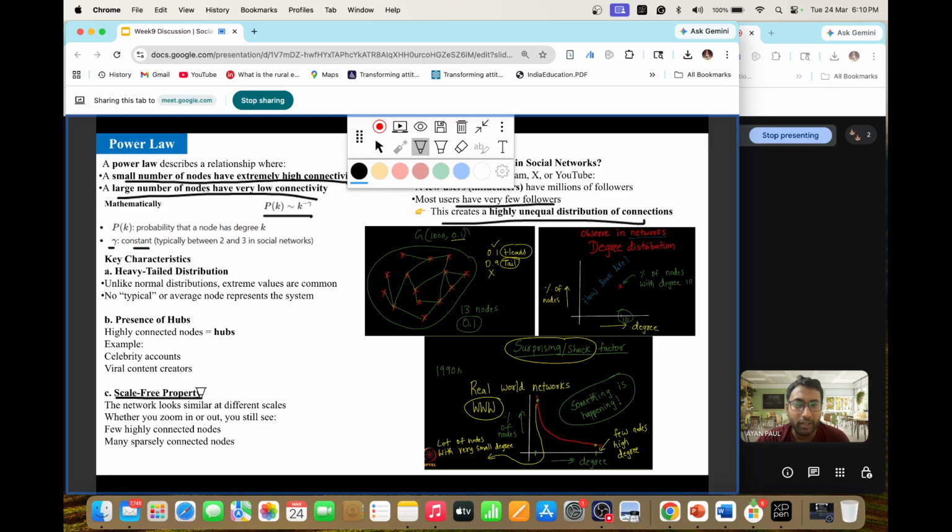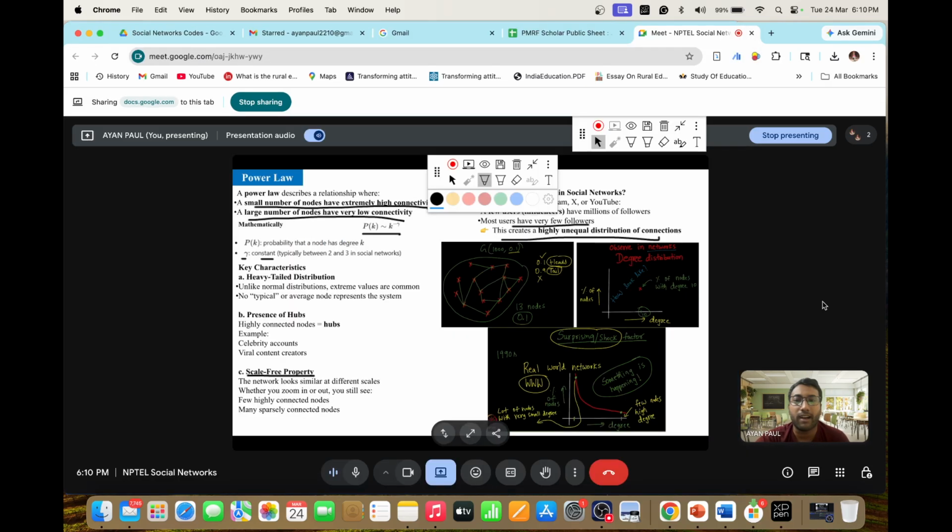Whether you zoom in or zoom out, you still see very highly connected nodes and many sparsely connected nodes. So these are the three key characteristics of the power law distribution: it is heavy tailed, as you can see from the curve; there is a presence of hubs, which are users or nodes with a high degree; and there is a scale-free property.